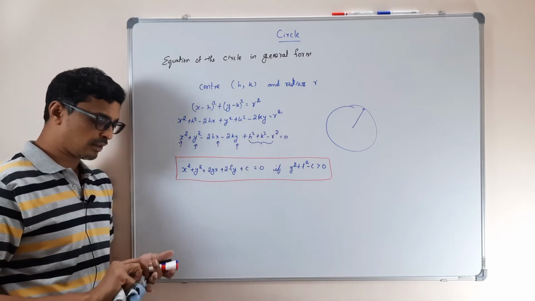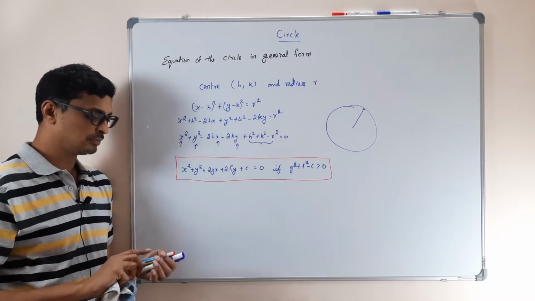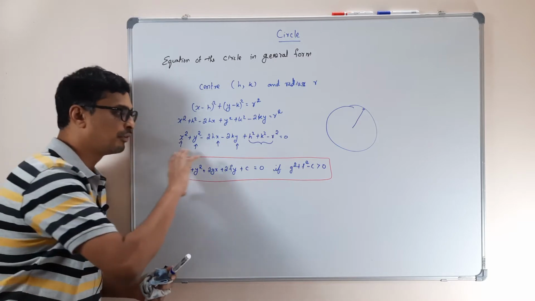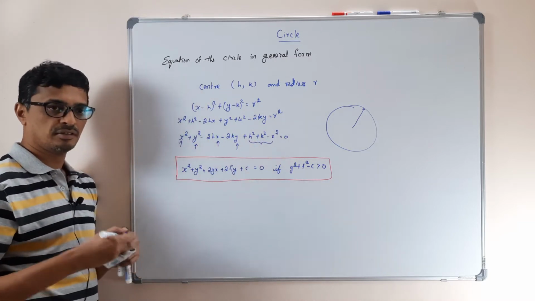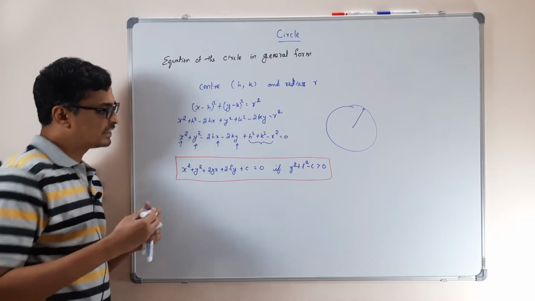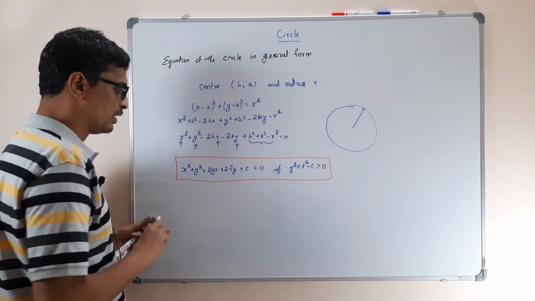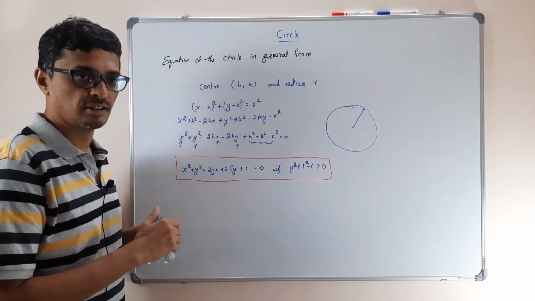Now if I give a general equation of the circle, can you tell me what is the center of the circle? The center is minus g comma minus f. I'm giving any general equation. Now if I ask, can this second order equation be the equation of a circle or not? How will you prove it?